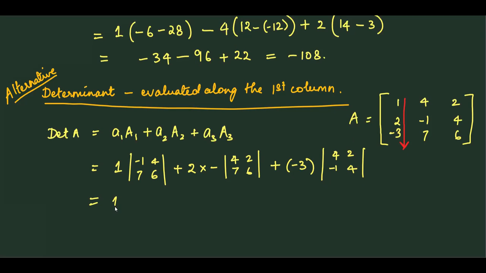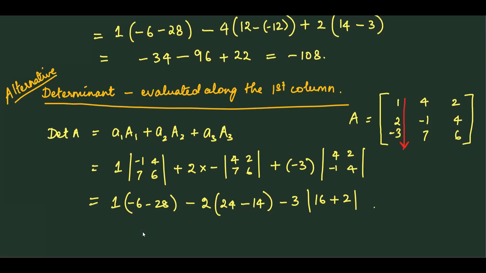Now let's evaluate. It is 1 times, so minus 6 minus 28, minus of 2 times, 6 4 is 24, minus 7 2 is 14, minus 3 times 4 4 is 16, plus 2.